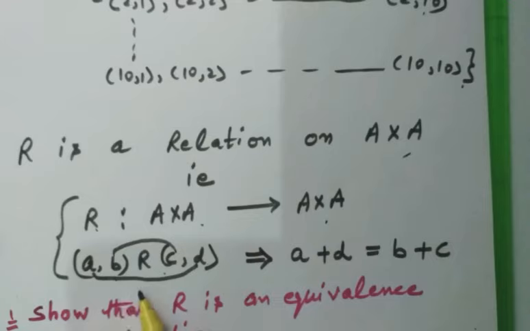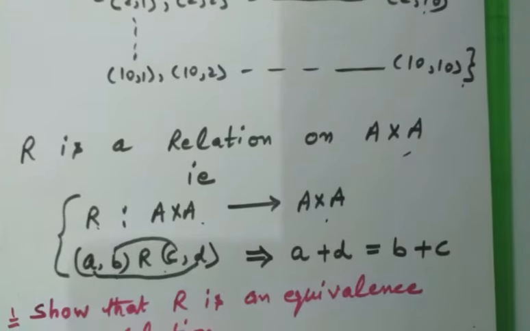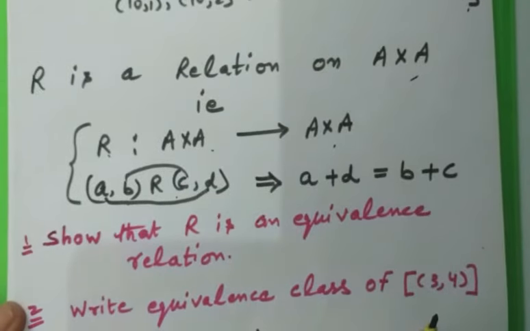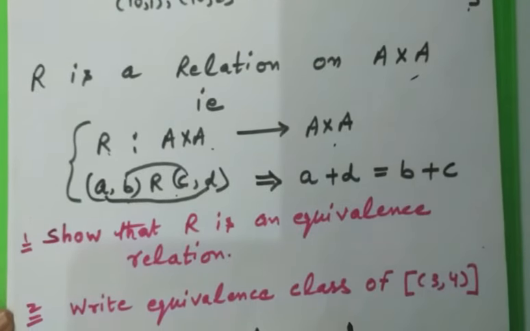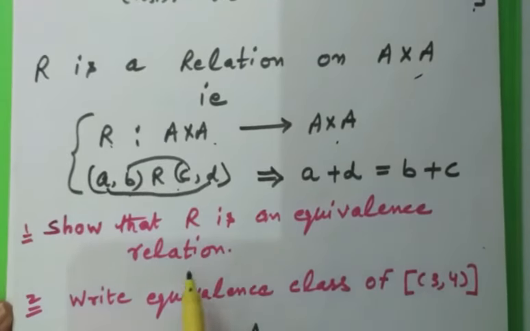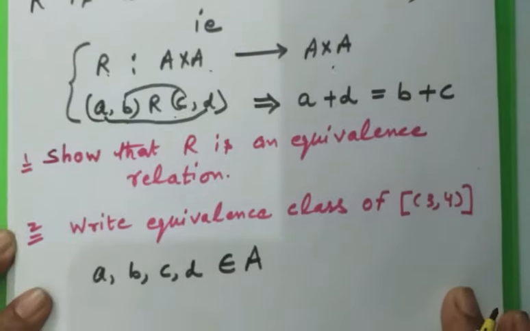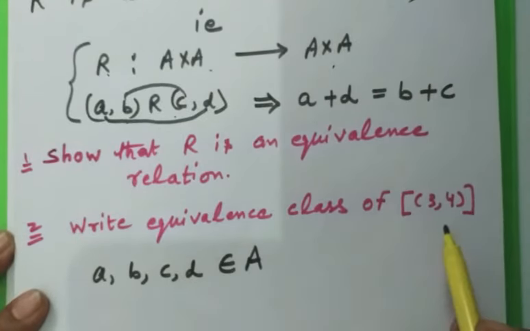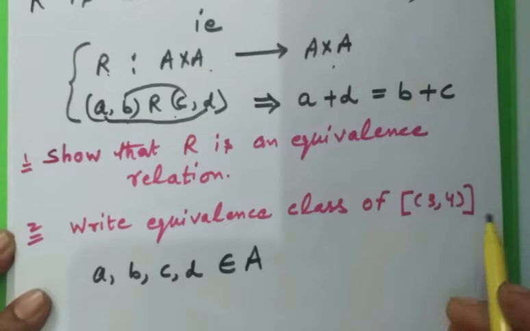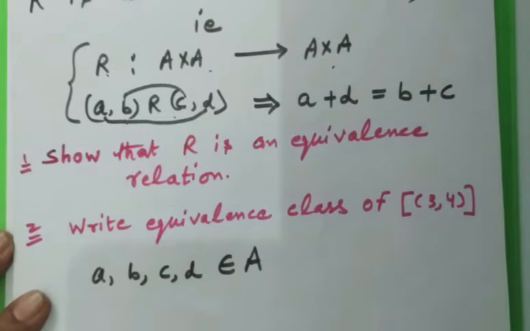This is a notion we have developed on our own. We have to show that this relation R is an equivalence relation, and second, we have to write the equivalence class of the ordered pair (3,4).